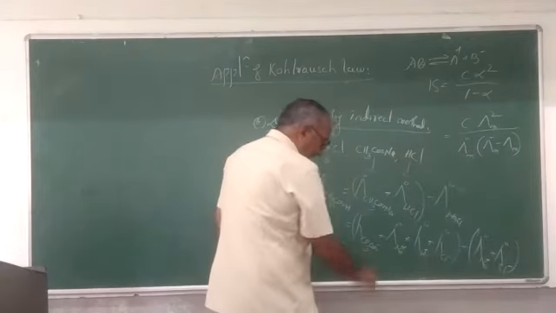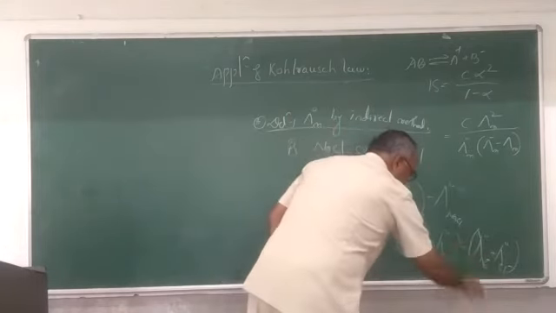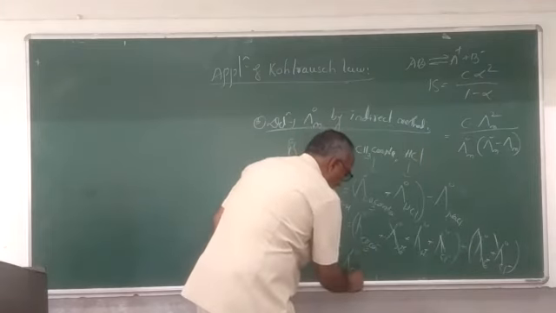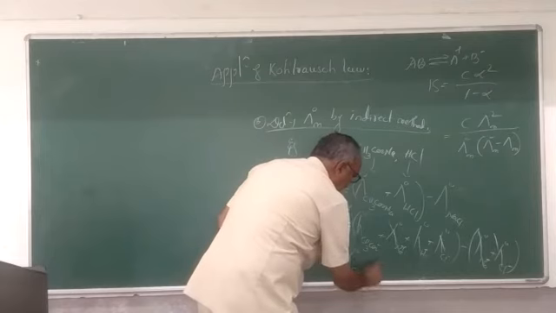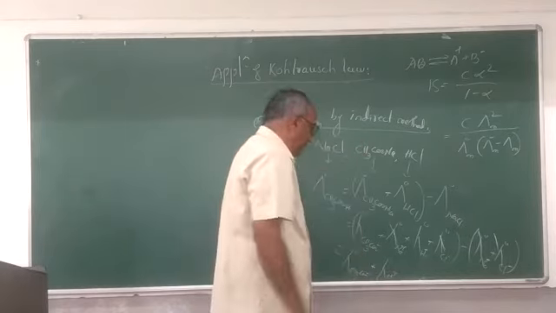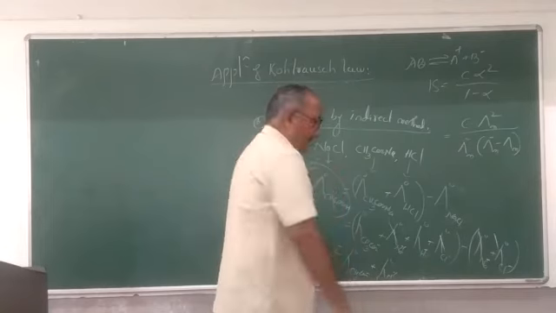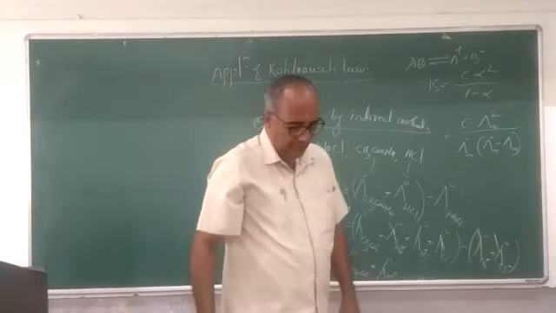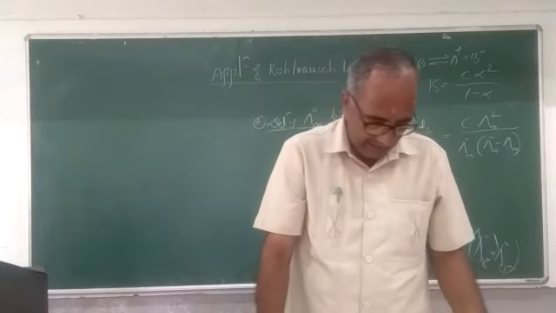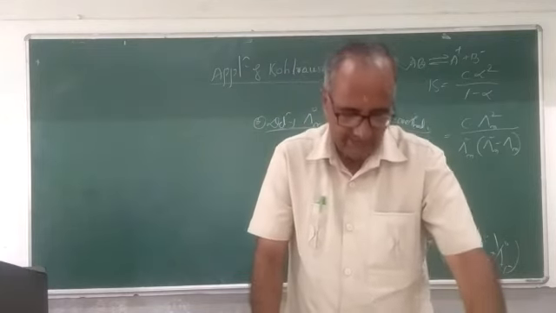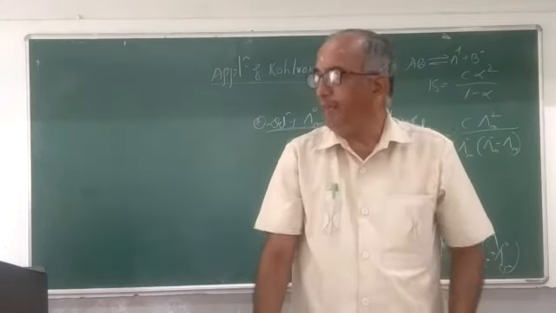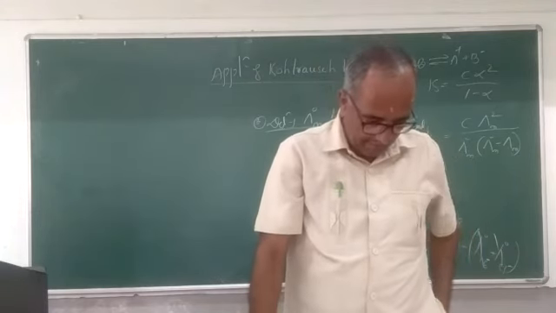Remove the brackets and cancel the sodium chloride. You will get the molar conductance of acetic acid, which is the molar conductance of acetate ion and hydrogen ion. Thus, by the indirect method, we can calculate the molar conductance of acetic acid. So this is about the application of Kohlrausch's law.